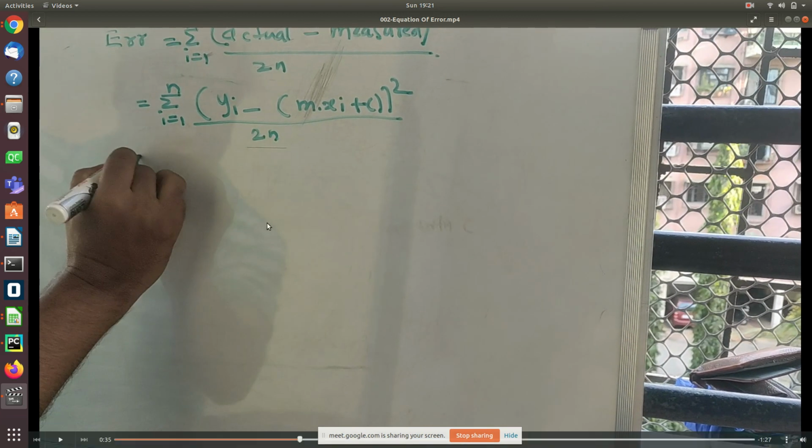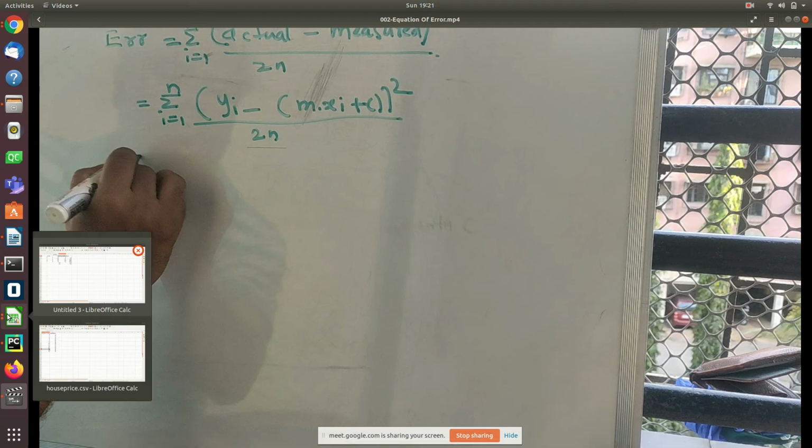I stop here. M and C, what I am trying to guess, okay? I know Y, I know X. So this is real. This is my predicted with my M and with my C. Are you convinced? This is my measured.